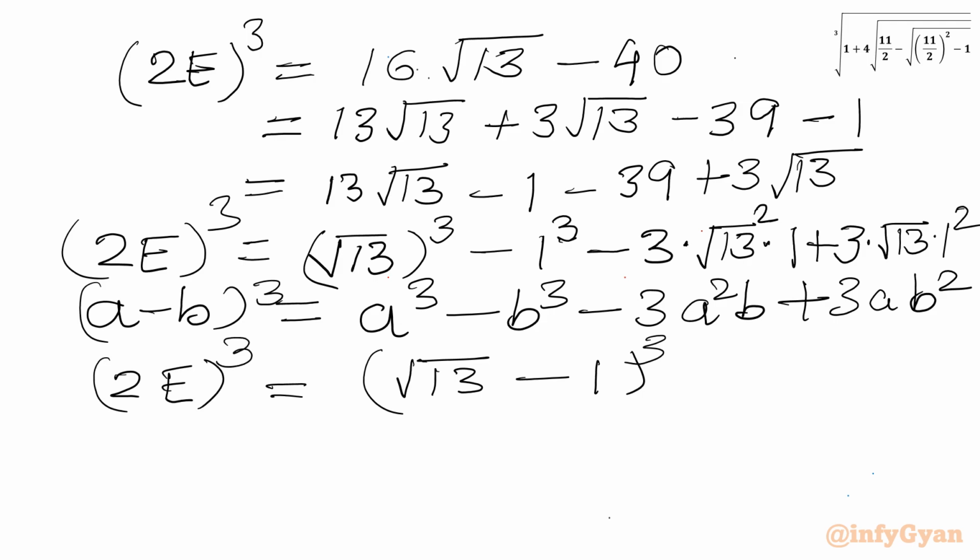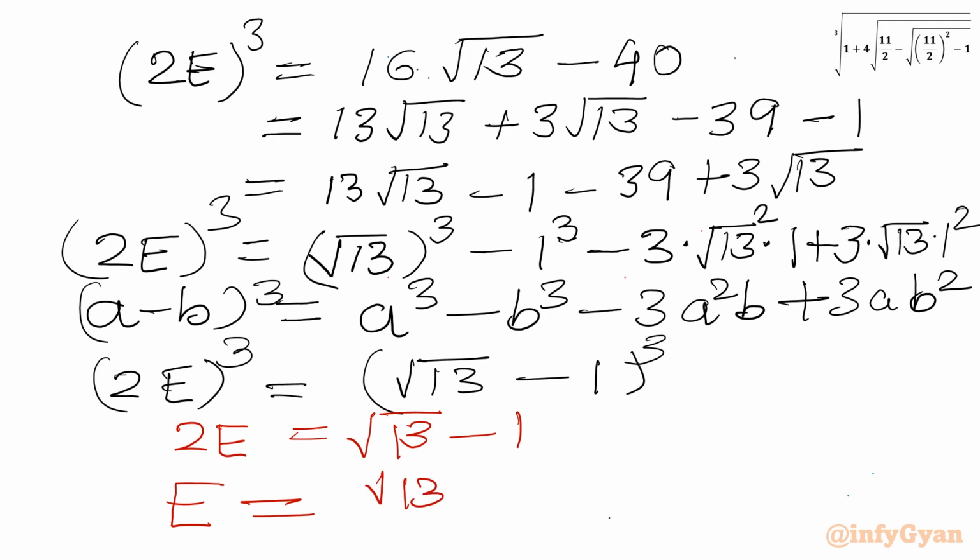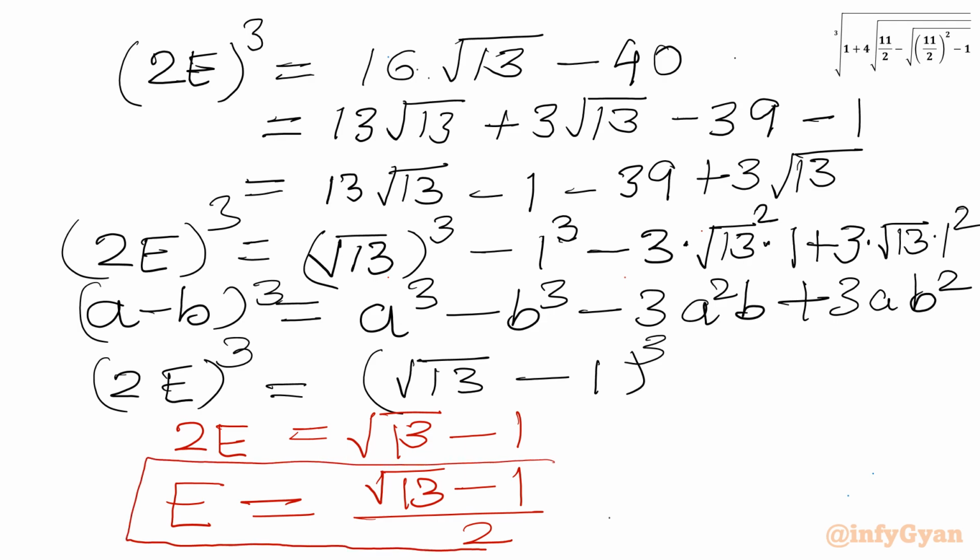Let us consider cube root both sides. So I will write 2E equal to square root 13 minus 1. Now I will divide both sides by 2 and we'll be having our answer: square root 13 minus 1 over 2.